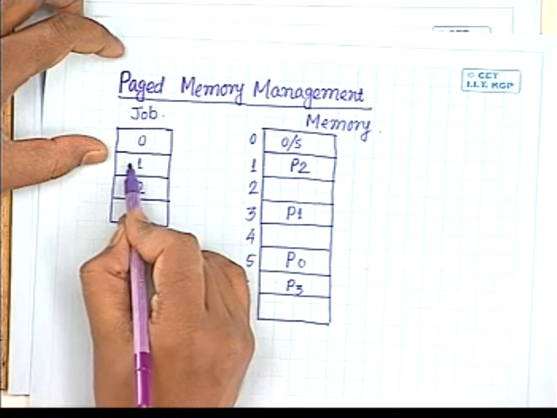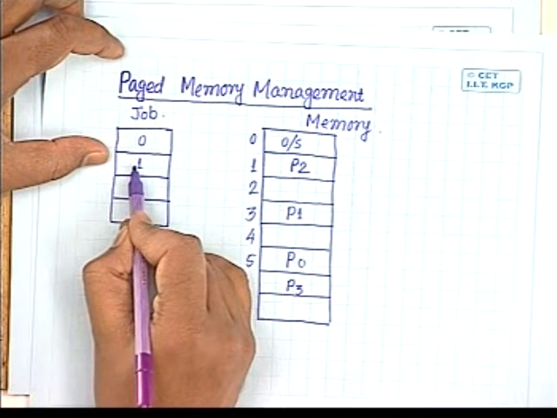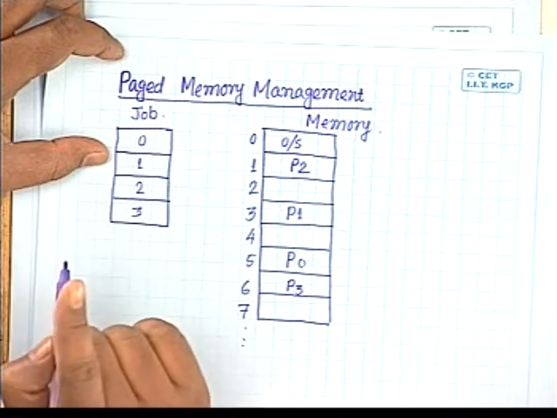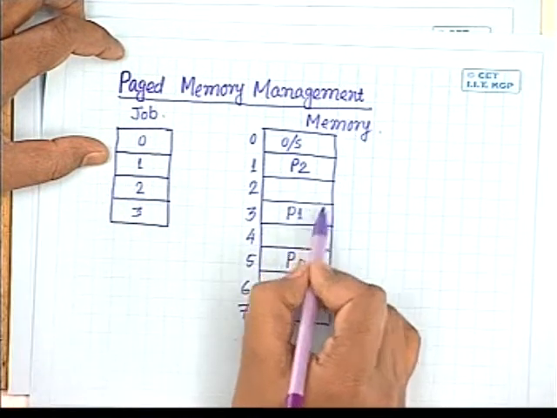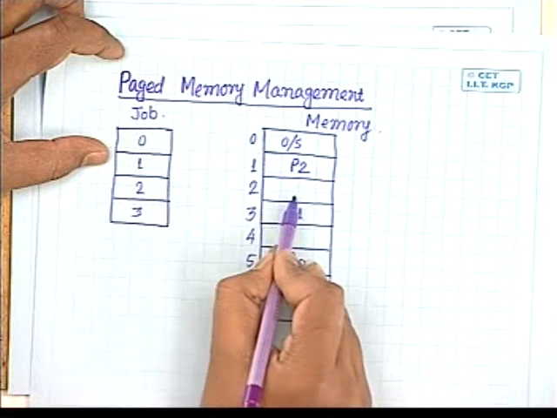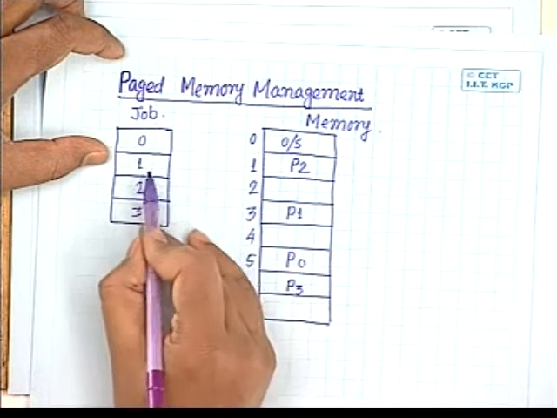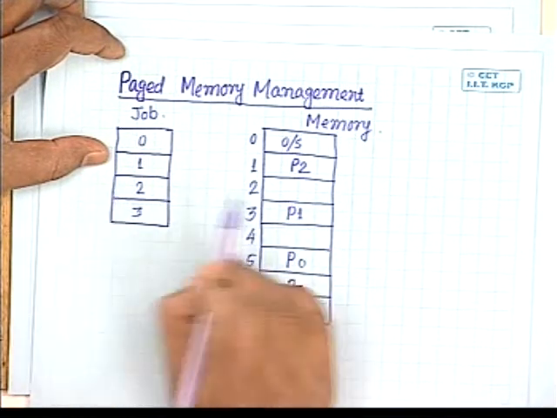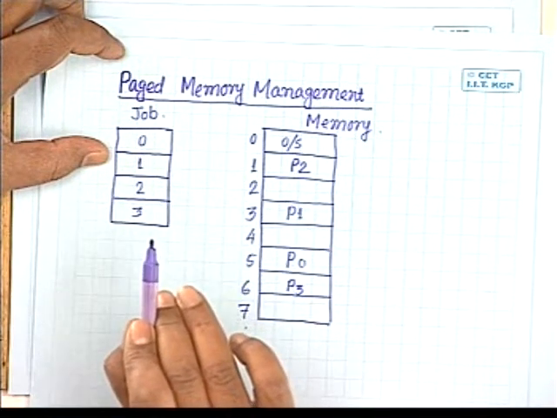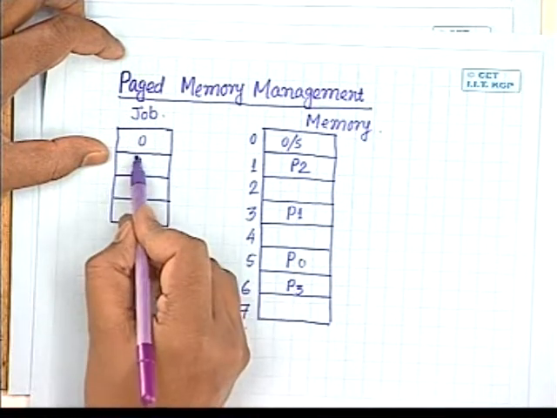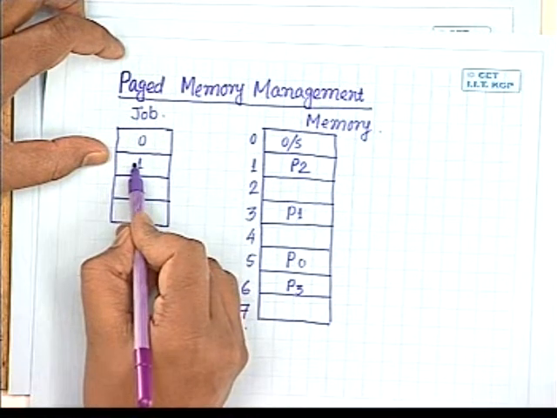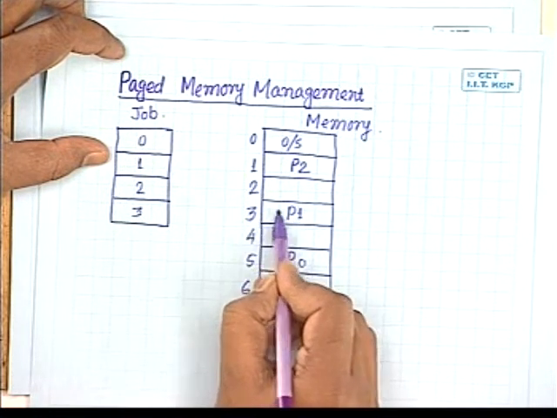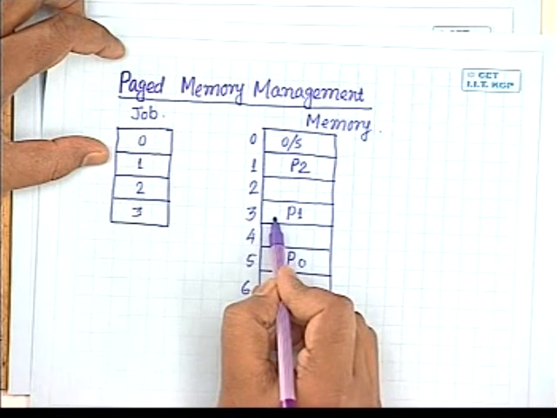So I have to identify the page number and the offset within the page. From the page number, using some mapping function, I have to identify the frame number where that page 1 is loaded. The offset within the page will be the same as the offset within the corresponding frame because page size is the same as frame size. So offset 2 within page number 1, because page number 1 is loaded in frame number 3, will be offset 2 within frame number 3.